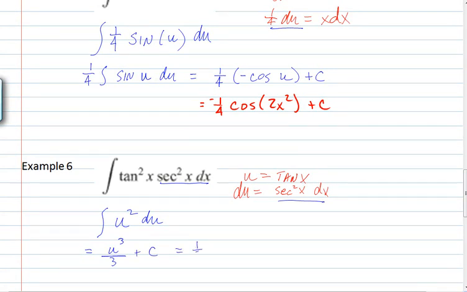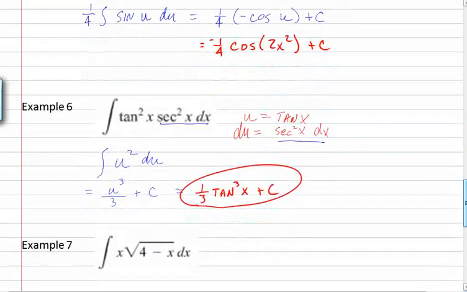So this is going to be 1/3. I guess I should write it in the bold red because it's my final answer. This is 1/3 times tangent x, not u, cubed. Okay? Not so bad.